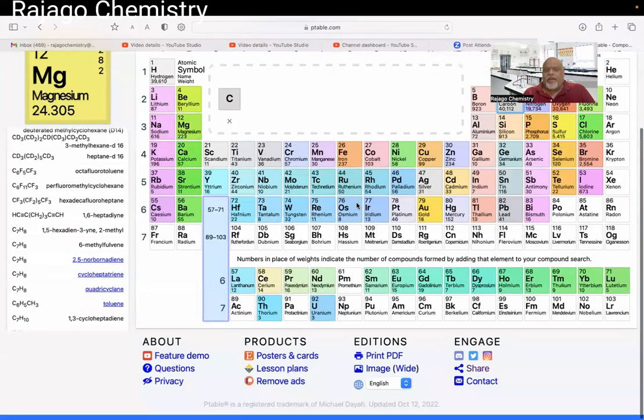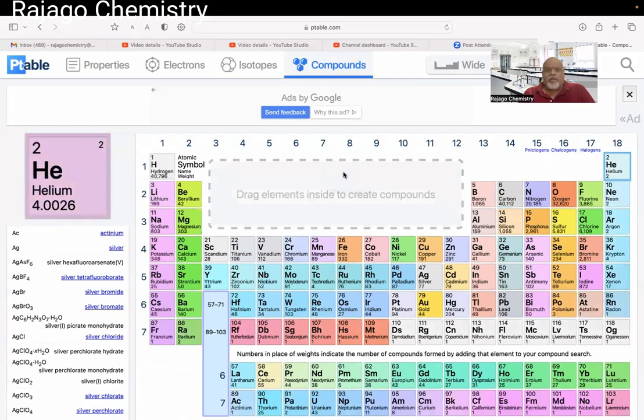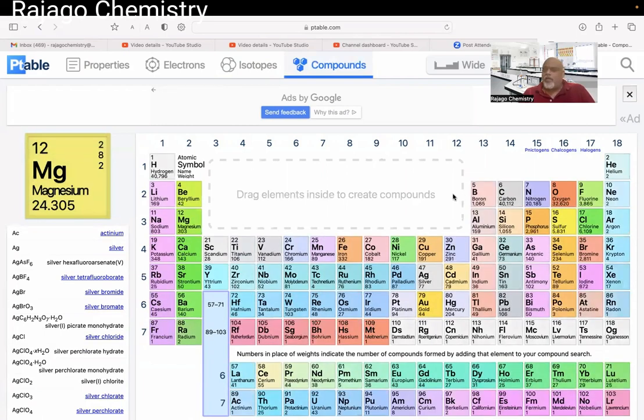Take helium: helium does not form any compounds. They are unreactive species. So you can find out what forms compounds, what does not react, and so on. So this is a way of looking at the periodic table very closely. It's a very interesting site where you get full access to the full information.